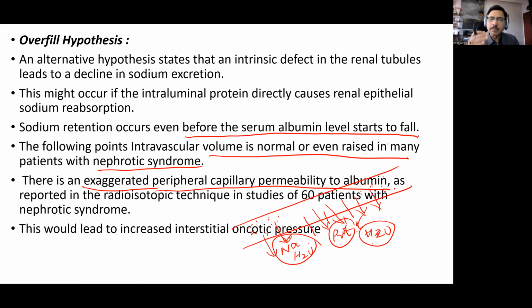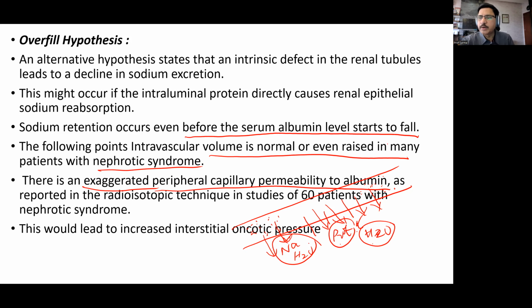The intravascular volume would have come down because the proteins are less, they are not able to retain water, water is stagnating in the interstitium. That means there would be a decrease in the plasma volume or circulating blood volume. That is not there. Even when there is normal or raised volume, we are able to see edema. Means what? Sodium must be playing an important part.